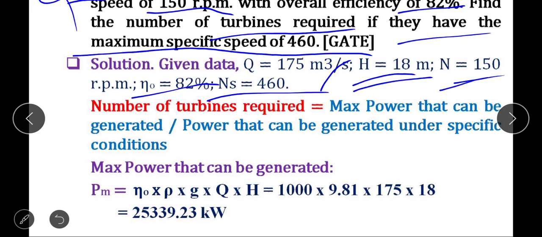Maximum power that can be generated divided by power that can be generated under specific conditions. Maximum power that can be generated, PM is equal to efficiency overall multiplied by rho multiplied by g multiplied by Q multiplied by H. You will get 25339.23 kilowatt.